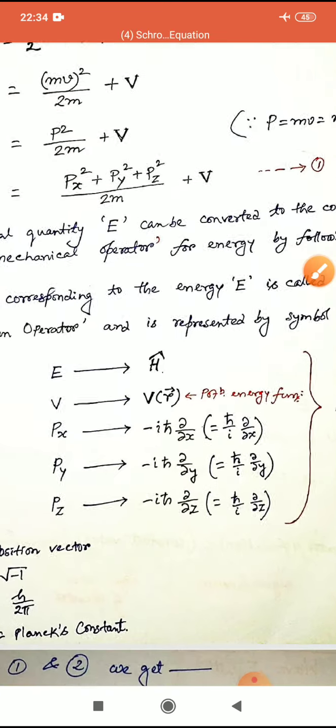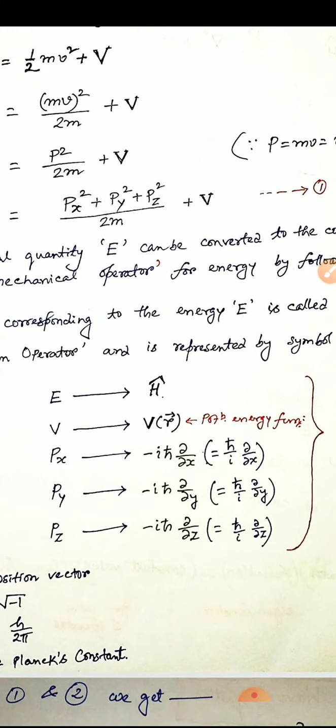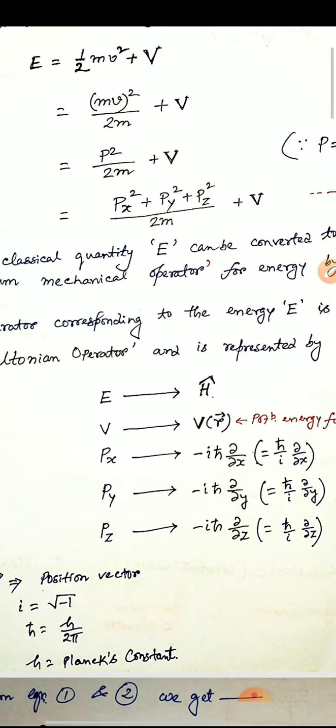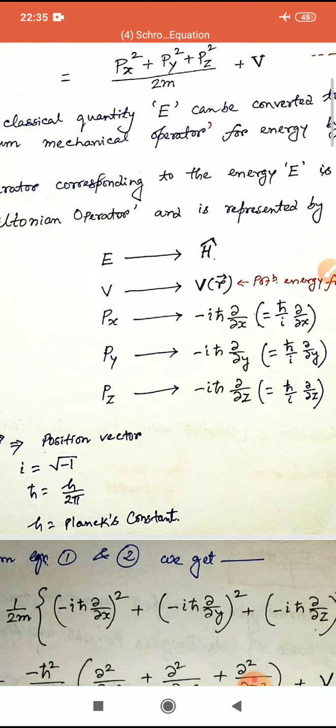On the Schrödinger equation, here this thing, H cap, is the Hamiltonian operator.